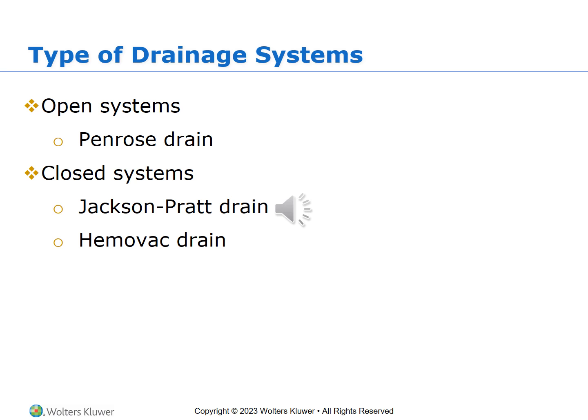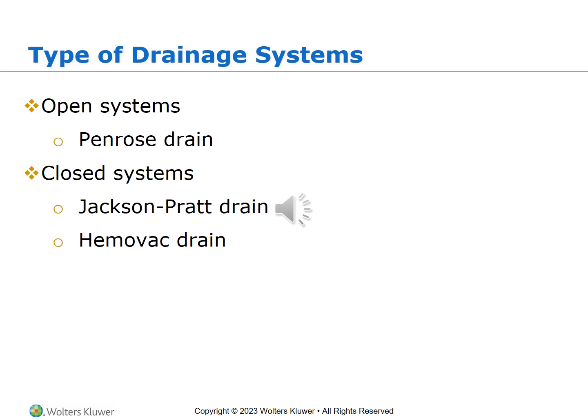And then you have our closed drainage system, which includes our Jackson Pratt drain as well as our Hemovac drain. Both of these drains are sutured in place, and they're both under a constant low suction. So the Jackson Pratt bulb must be decompressed so that suction occurs, drawing out the fluid from the insertion site. Usually it is a surgical wound.